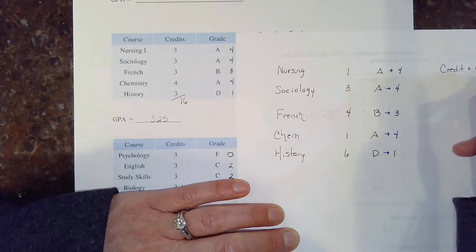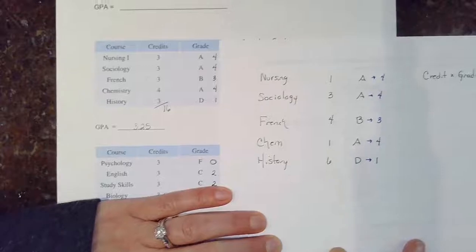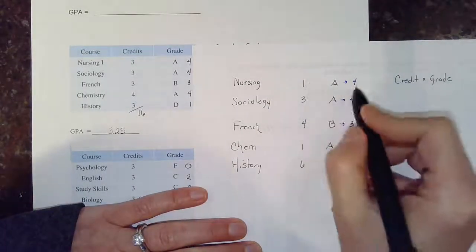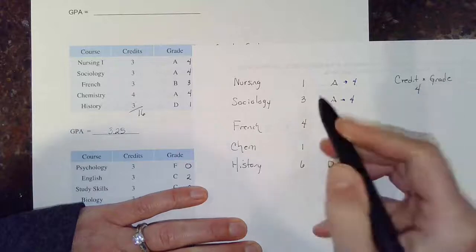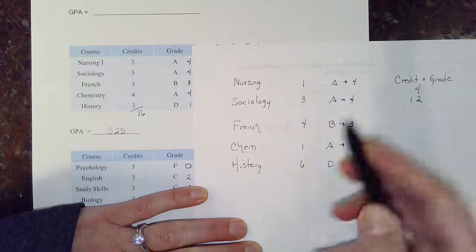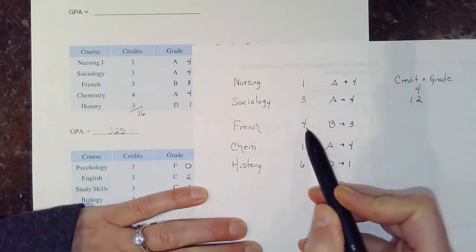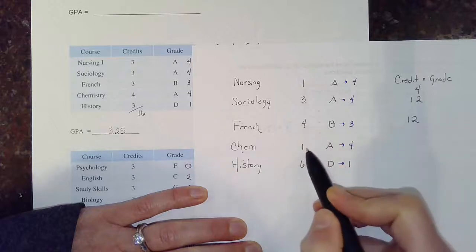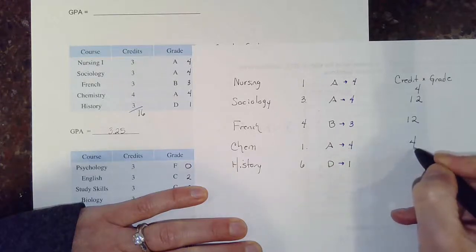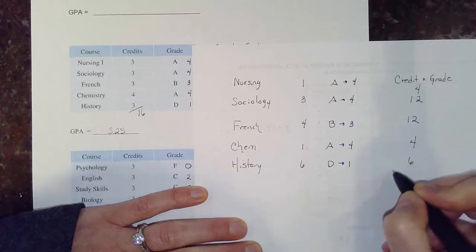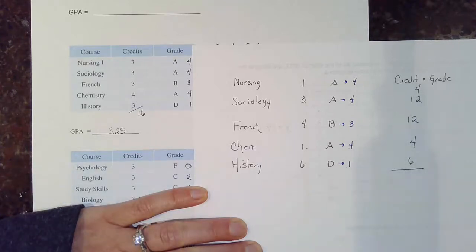So we've got 1 times 4 is 4. 3 times 4 is 12. 4 times 3 is 12. 1 times 4 is 4. And 6 times 1 is 6. So our GPA, I'll write it down here.